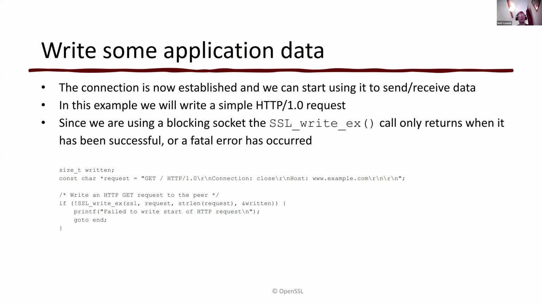So we pass in the SSL object we're writing to, the request data that we want to send, the length of that request data, and it gives us back the number of bytes that were written, which should be equal to the length of the request that we tried to send. Again, it could fail, and if it fails, you'll get a 0 return. In this example, I'm just bailing out in that instance.